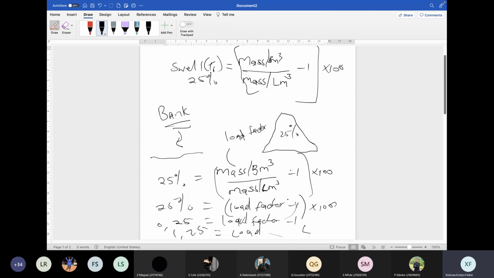But you just need to know that the calculations will be formula based, but you need to know what kind of spoil bank you are given. If you're not sure, then look at the formulas and see how they are different.